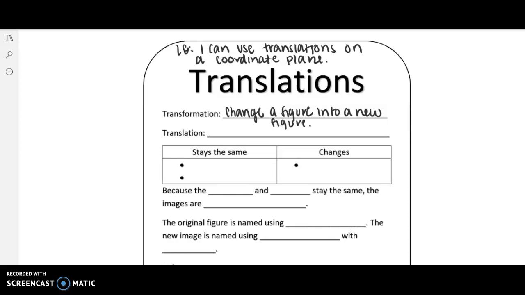So knowing that translation is just one of many transformations, this means that a translation is when we slide the figure to a new location.